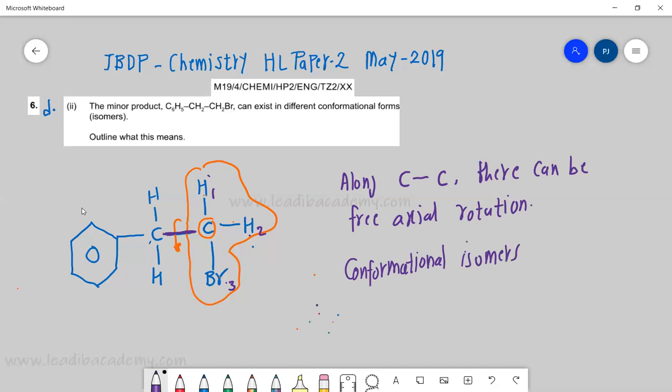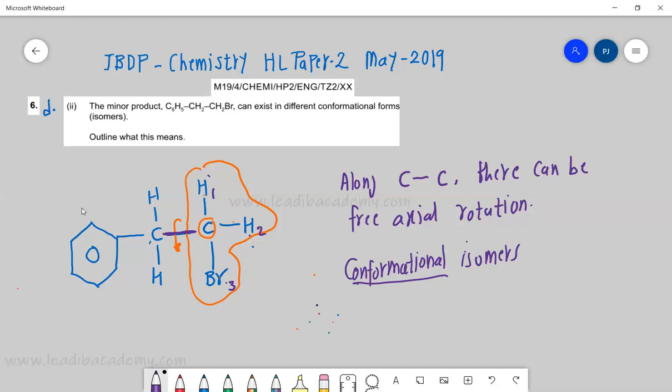It's very simple. In the previous one, the major product, this is not possible because all were hydrogen only. Even instead of Br there was a hydrogen, so it doesn't make a difference. But now since Br is different from two hydrogens, it makes a difference, so we get conformational isomers. Conformational means that in space, because of the rotation, we get a different arrangement.